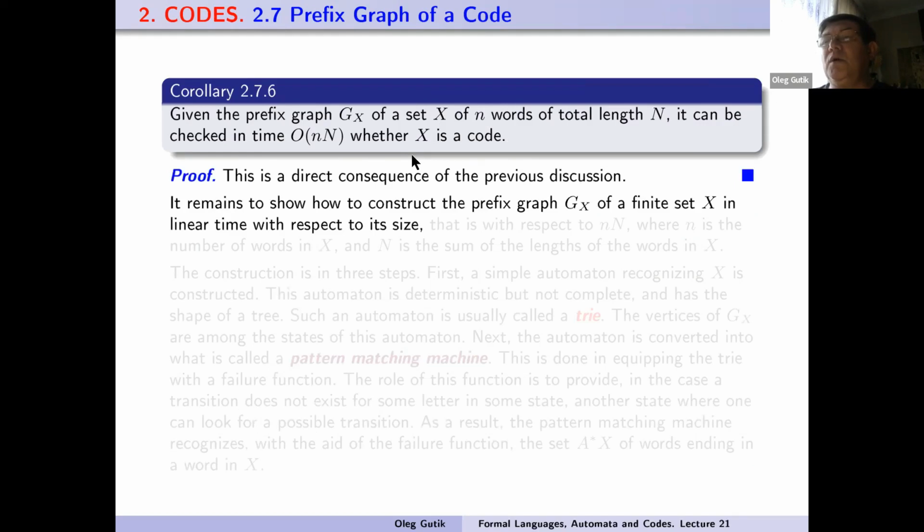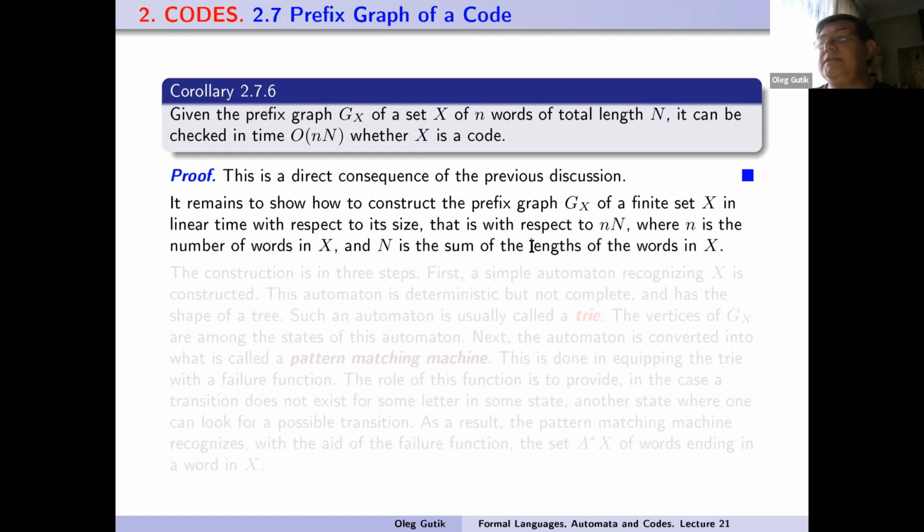It remains to show how to construct the prefix graph G(X) of a finite set X in linear time with respect to its size, that is, with respect to n times N, where n is the number of words in X and N is the sum of the lengths of the words in X.